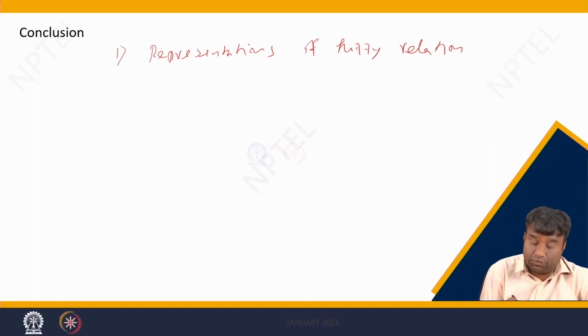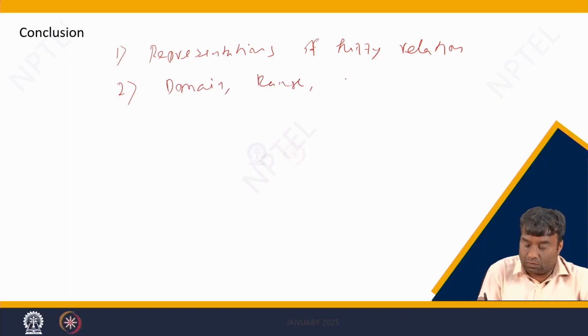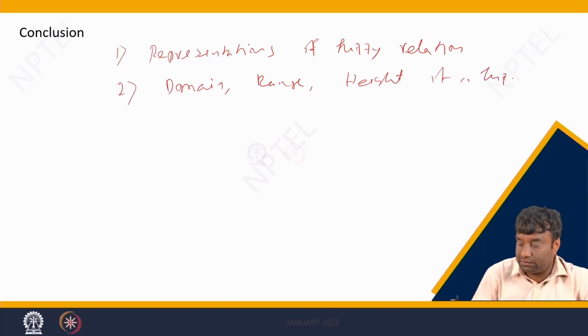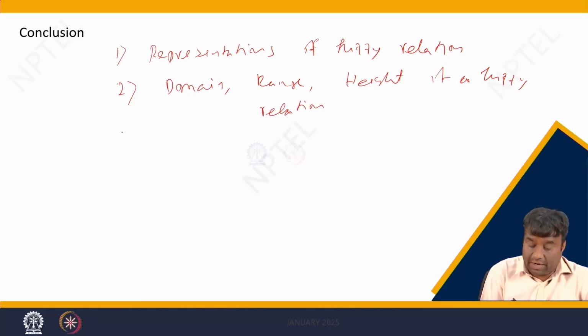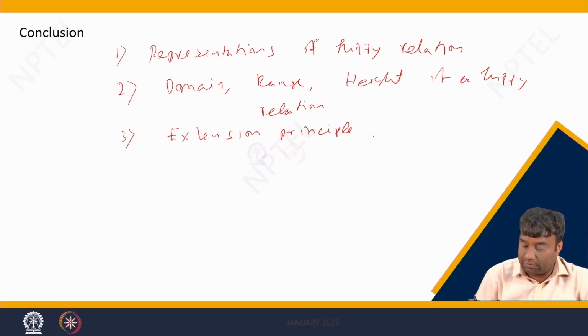We have understood domain, range and height of a fuzzy relation, the extension principle, and the general extension principle.